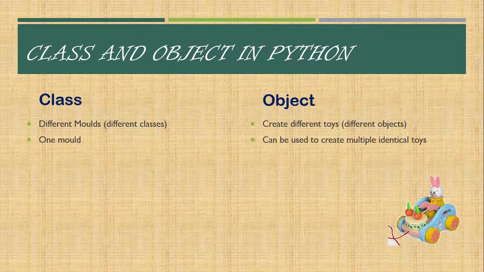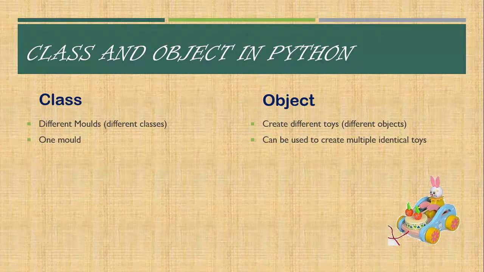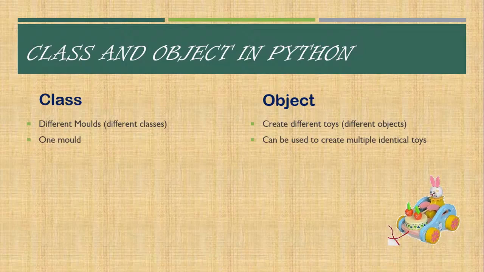So one mold could result in identical toys of a particular type.